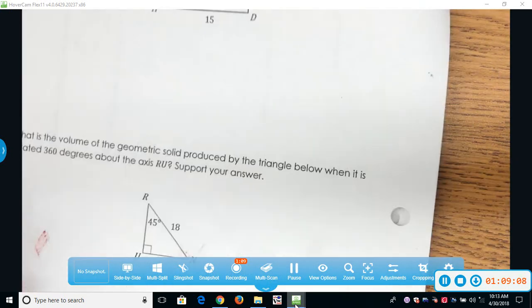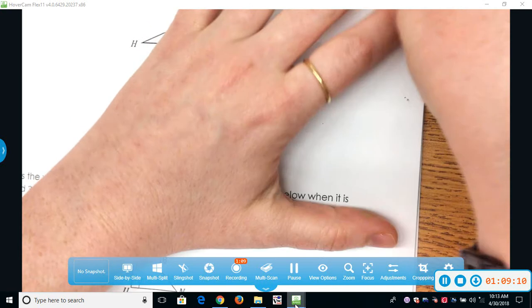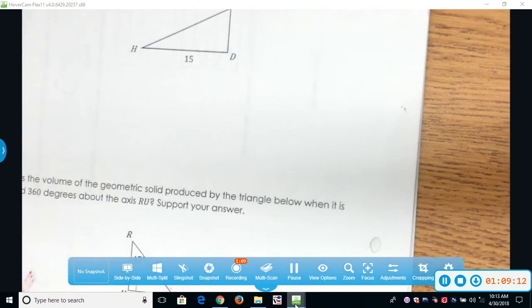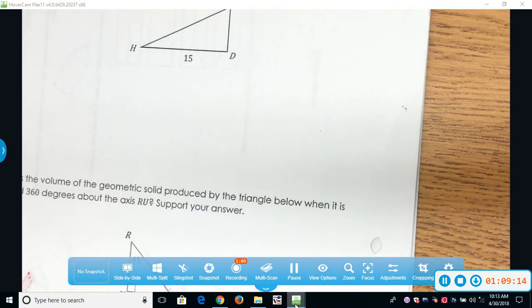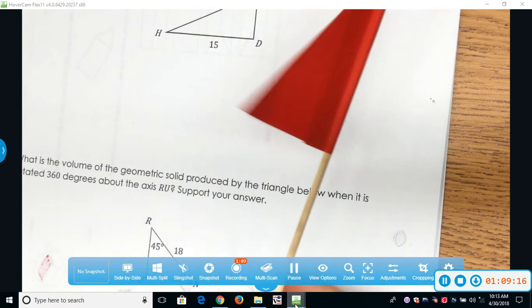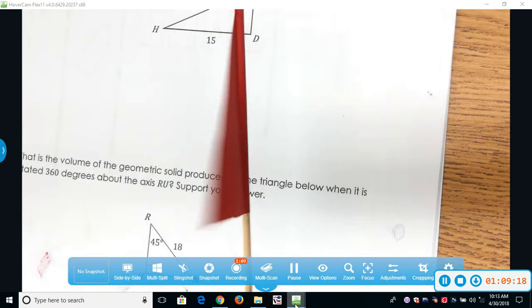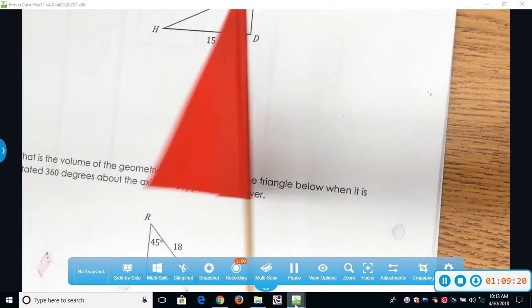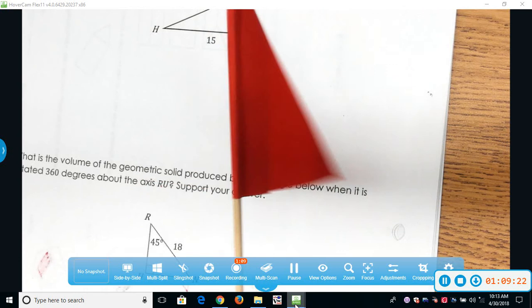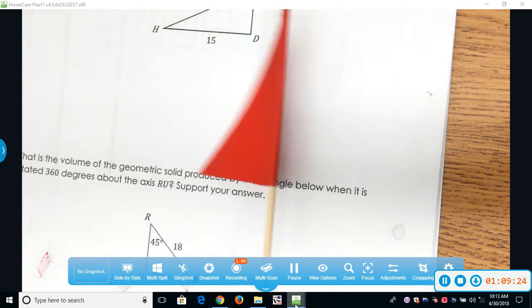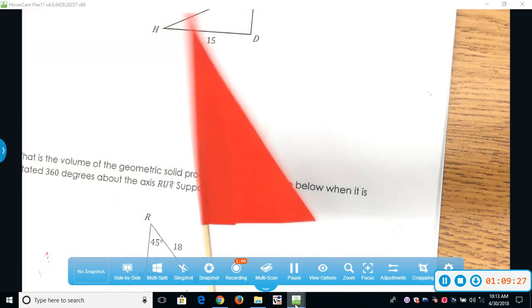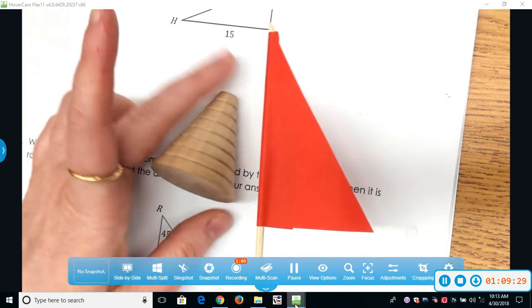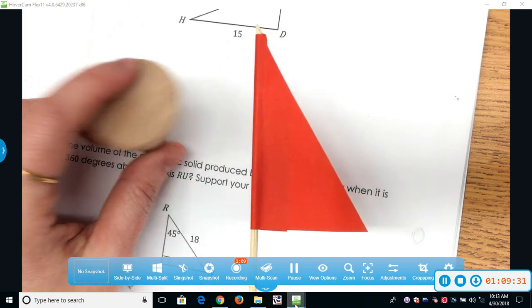Alright, I do want to touch on one of these last problems. I was going to go to Khan Academy and show you guys a video of a triangle rotating around an axis. Okay? When you rotate a triangle, a 2D triangle around an axis, it forms a cone.